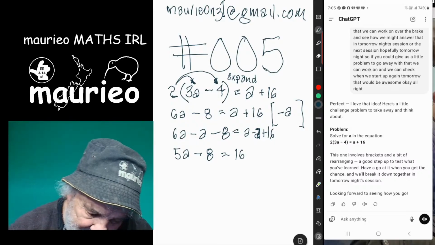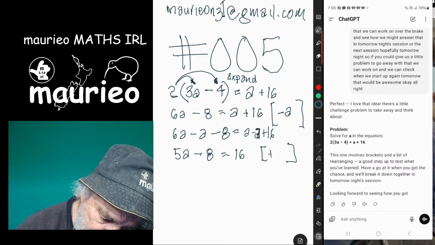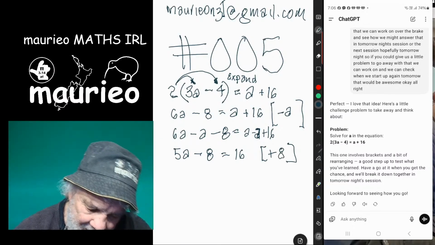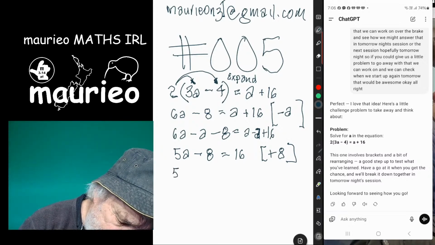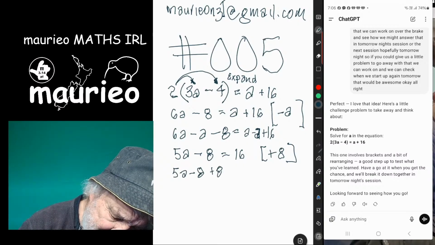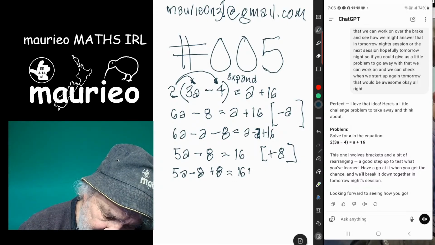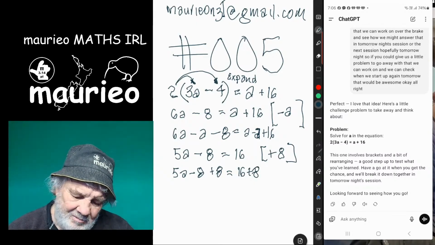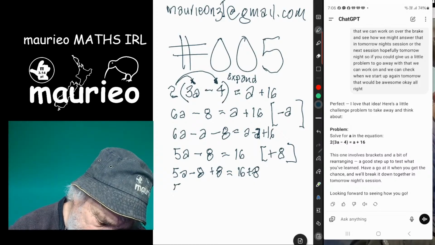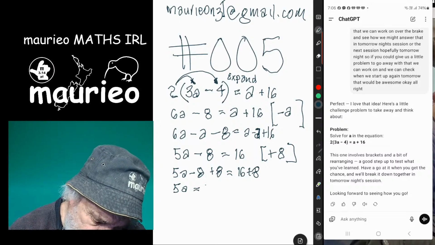Okay, and now we're going to add 8. We'll do that to both sides. 5a minus 8 plus 8 equals 16 plus 8. And then we can see that we get 5a equals 24.